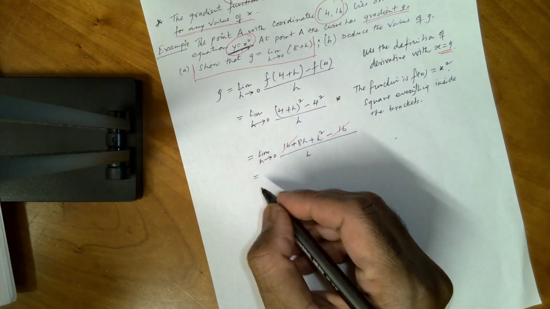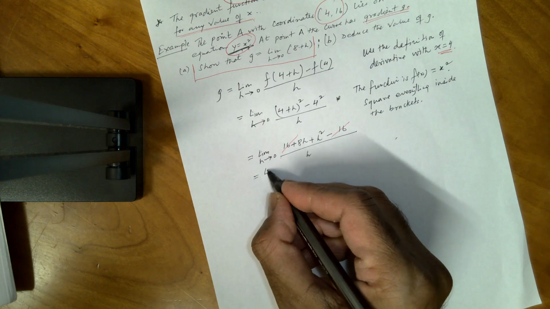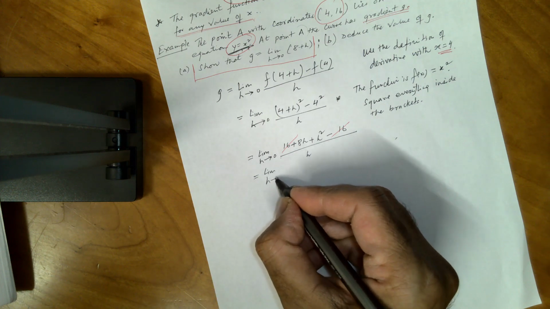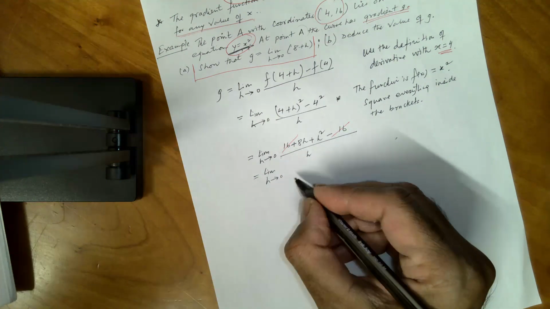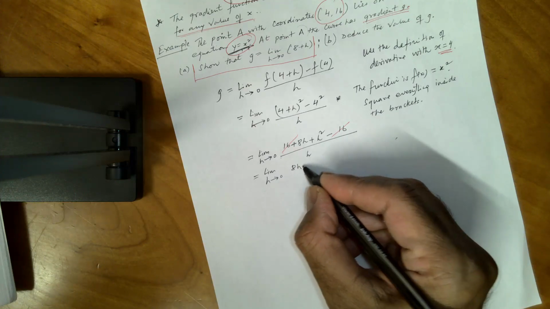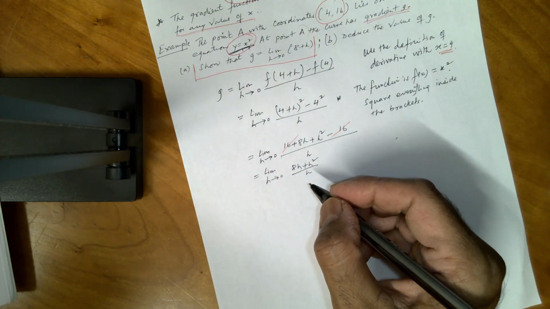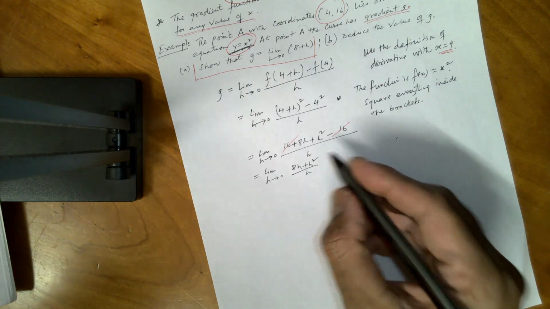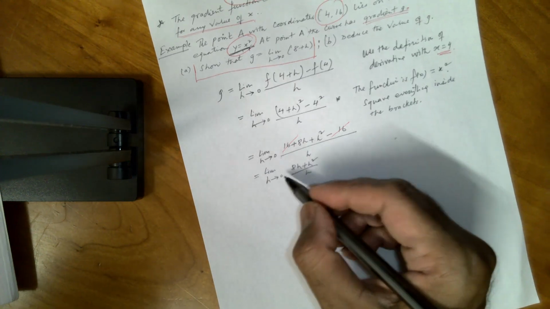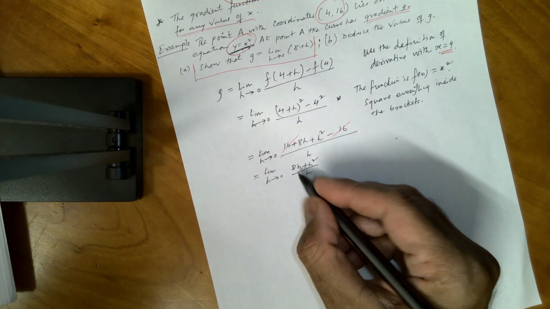So after this, what you get here is 8h plus h squared over h. Now you can take h out of this and cancel with this one.